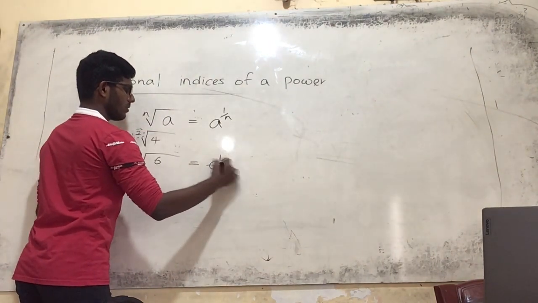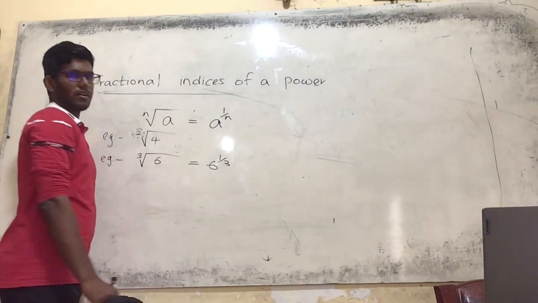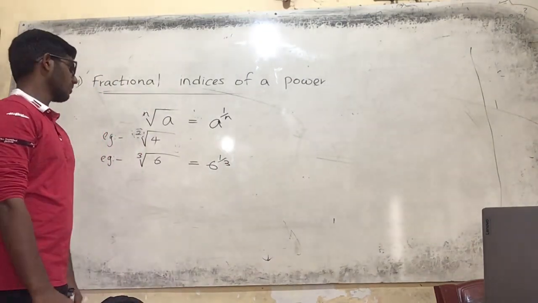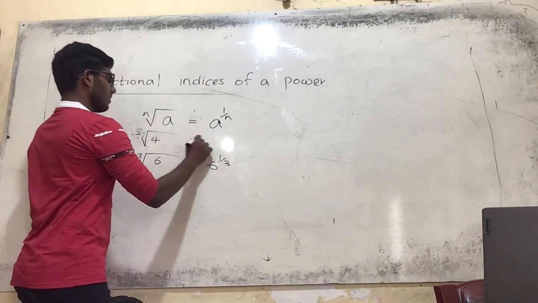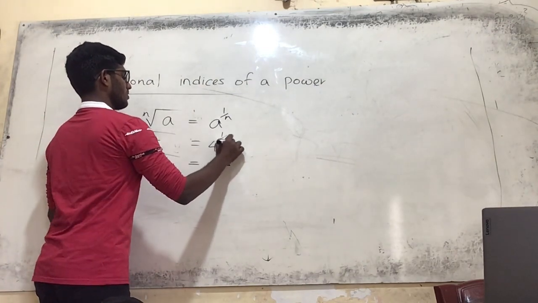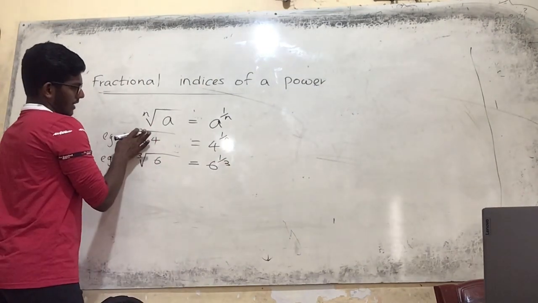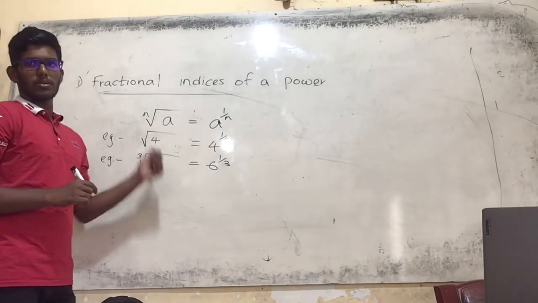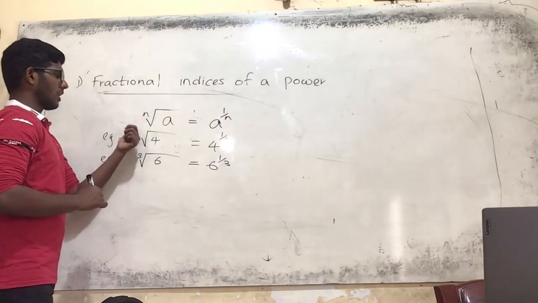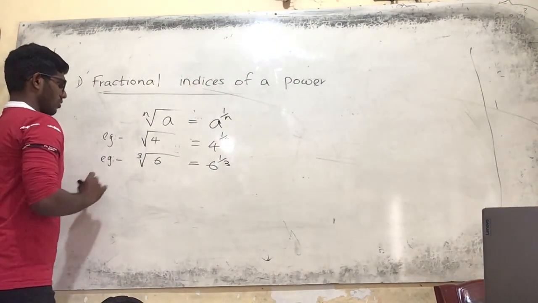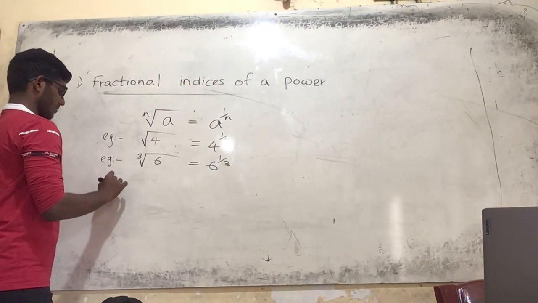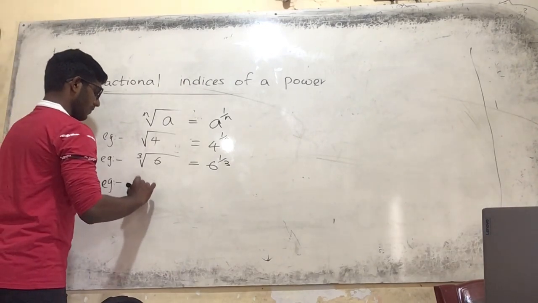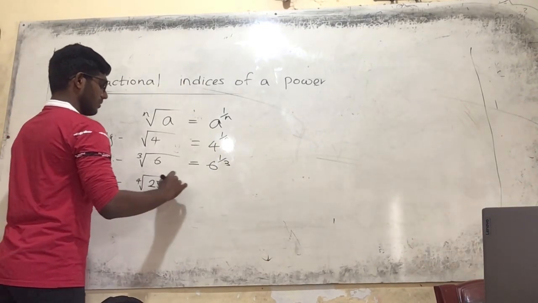Like 6 to the power 1 over 3. You don't need to have the number 2 here, that is only for the square root. If you don't have any number here, you have to think of it as 2. Let's do another example.